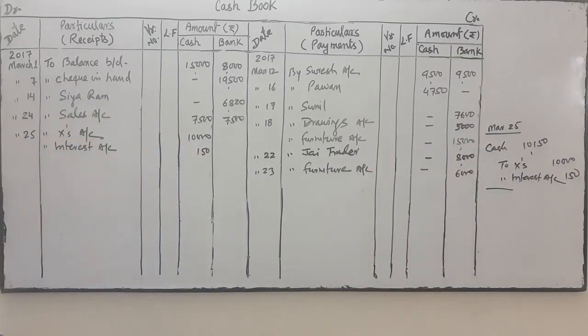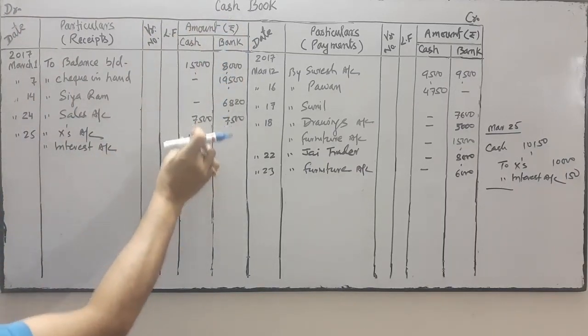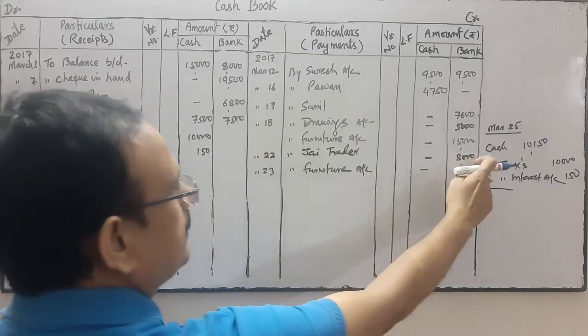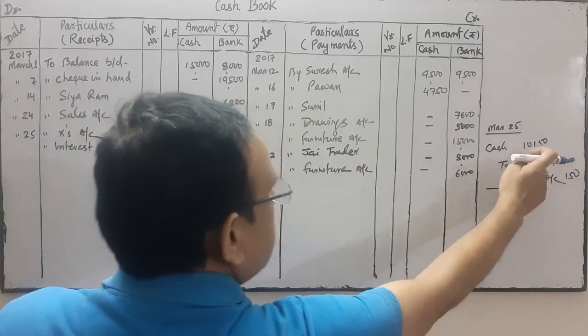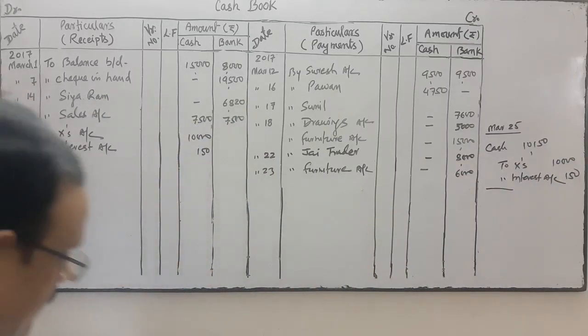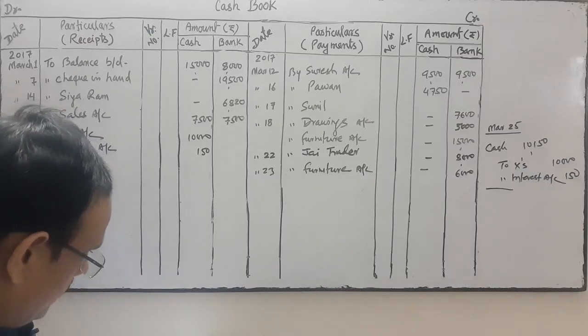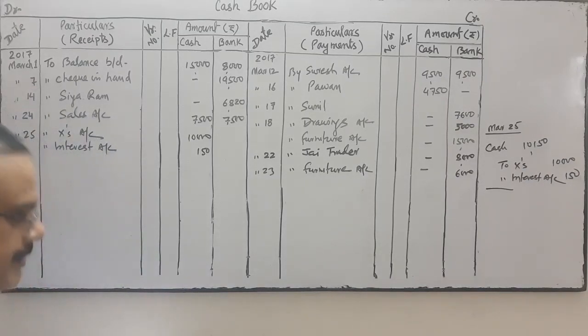So on the debit side of the cash book, in the cash column, what we write in the particulars, opposite of cash, is to account, and the total of this is 10,150. 10,000 and 150, 10,150.